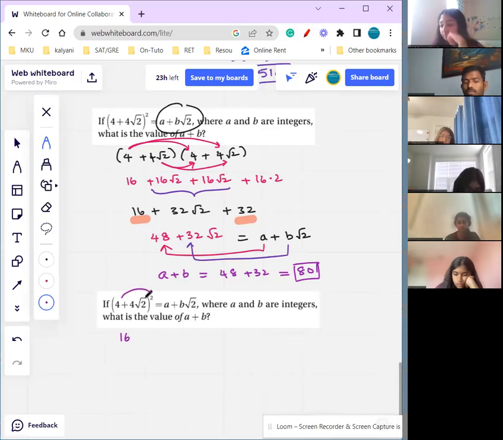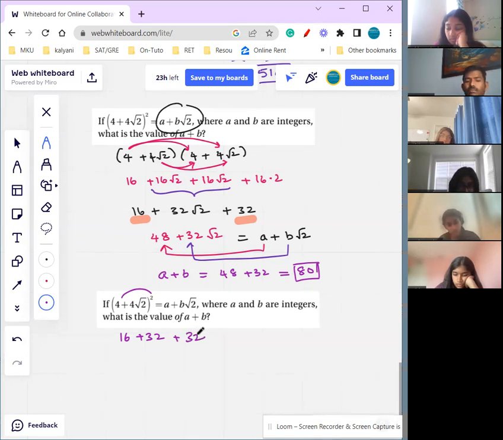And then also if I square this one, because a squared plus b squared means this square, which is 16 times 2, that is 32. Okay. And then plus the 2ab part. That 2ab part is 2 times a times b. So that's 4 times 4, which is 16, and you multiply by 2 as well. So then this is going to be 32.